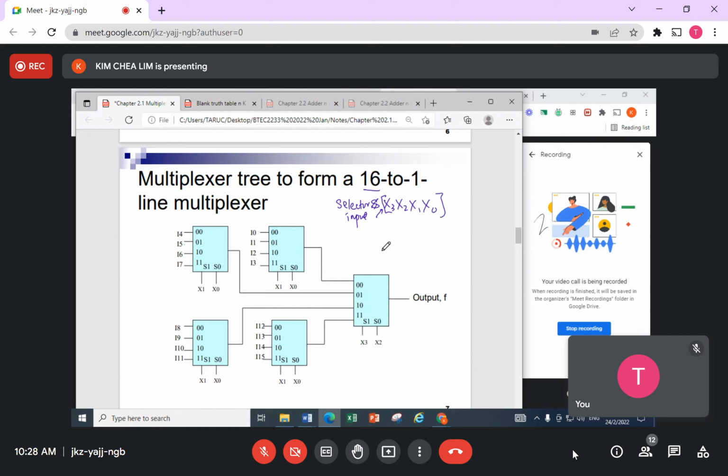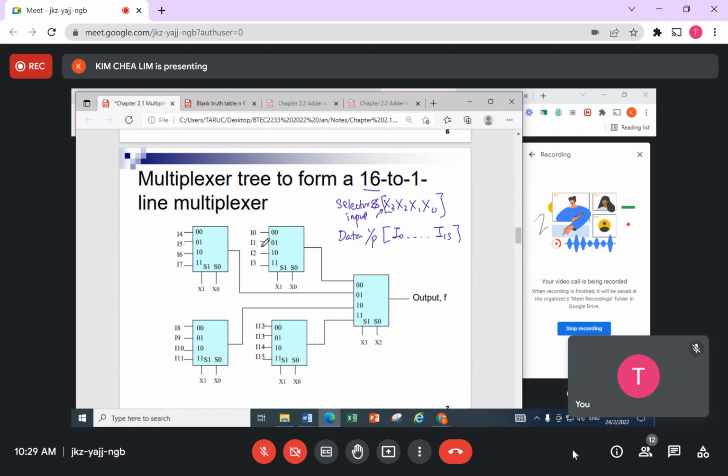And you are going to find that what I do is I make use of the most significant 2 and connect it here. The rest, X1 and X0, I connect to the first level, all the same. Then there are the data inputs. Because there are 16 of them, it will be from I0 up to I15.